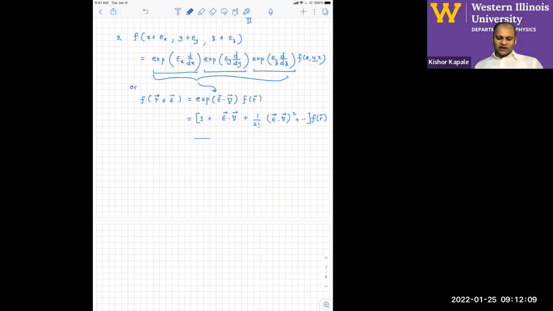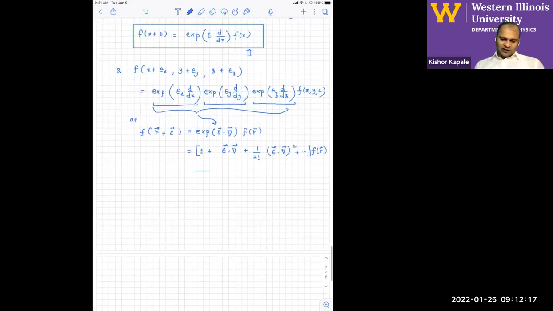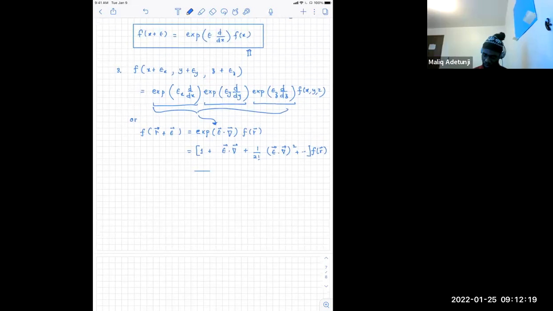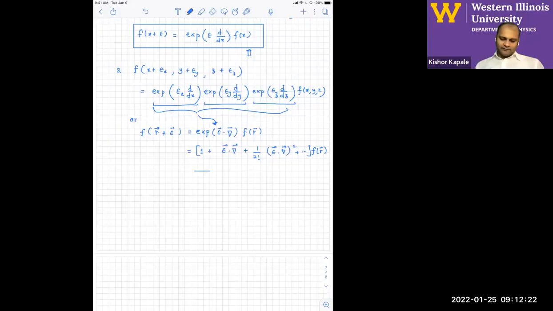So that allows you to extend gradients, not just in 3-dimensional space, but if you need to have functions of higher dimensional vectors. In linear algebra, you understand that vectors are not just 3D spatial vectors.